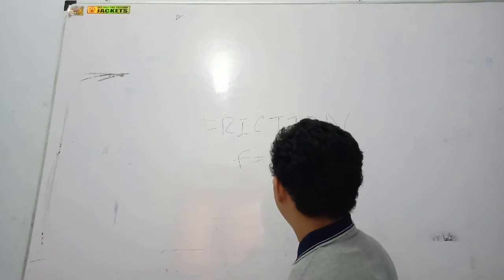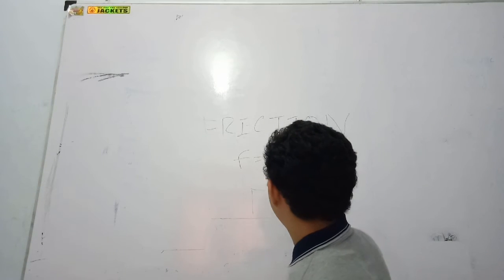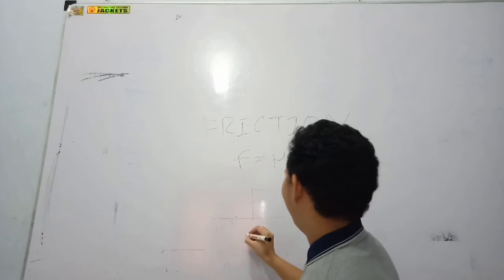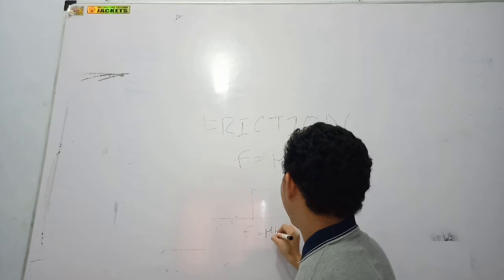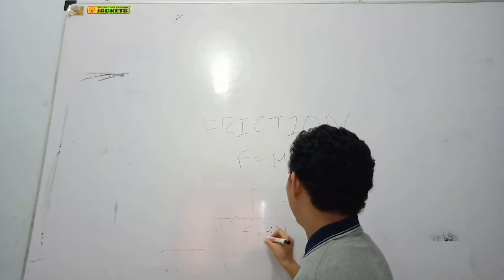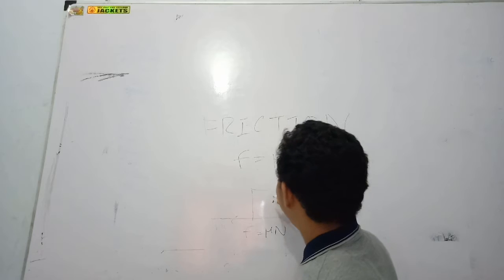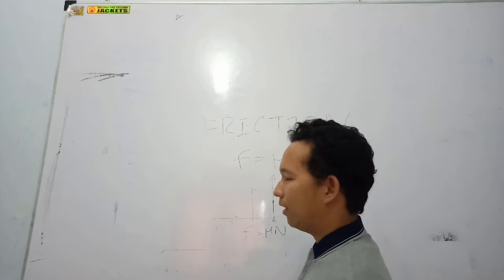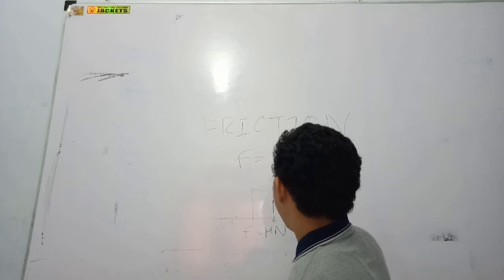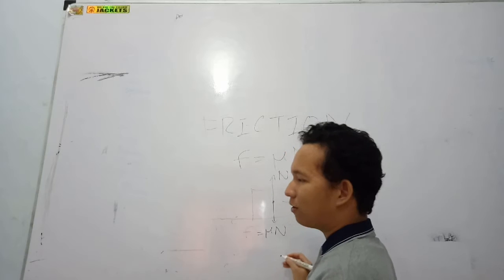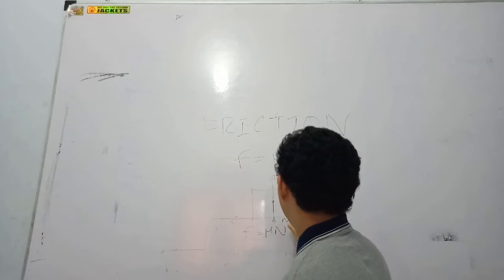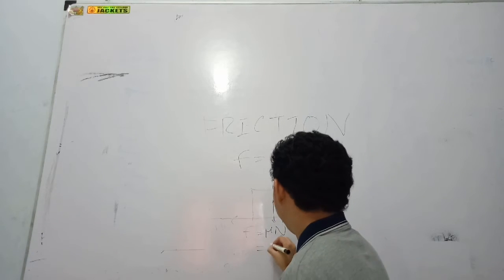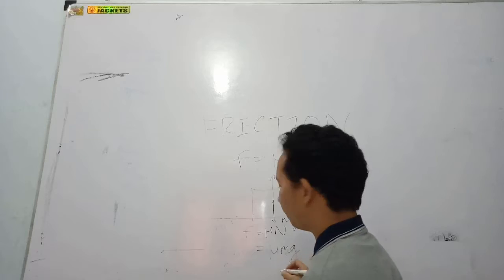If you give an object a force, there will be a frictional force f, which is equal to mu N, where mu is the coefficient and N is the normal force. You will know N when you observe the vertical forces on the object. Here, N is the force which counteracts the weight of the object, mg. And so in this scenario, f is equal to mu mg.